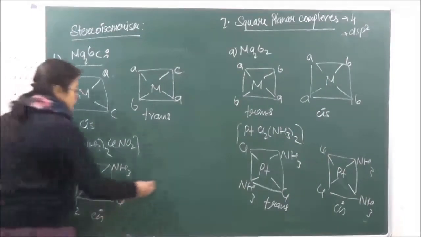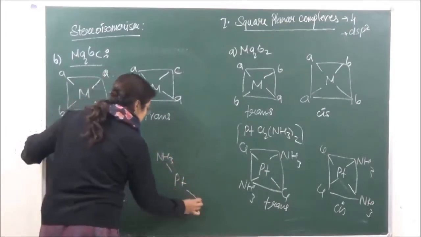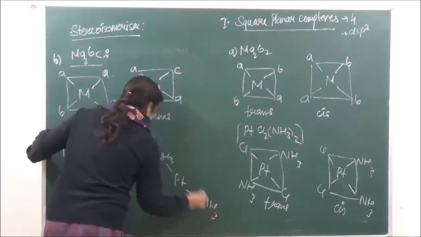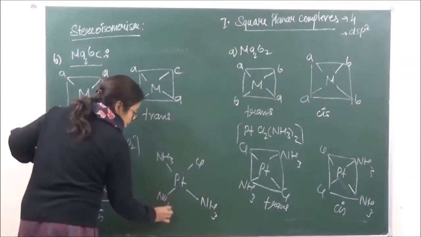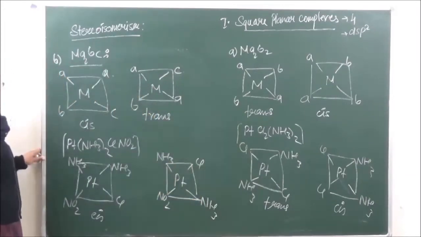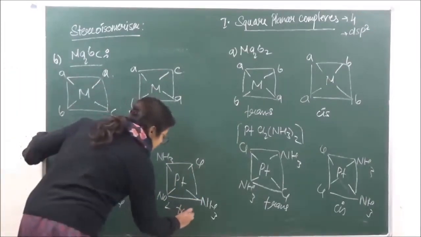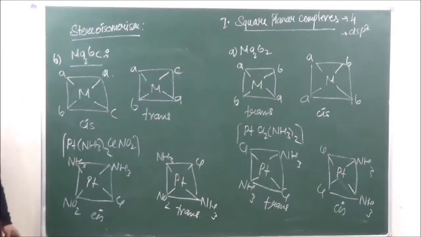And if they are at opposite positions, then this is known as trans. Okay? So cis is adjacent and trans is opposite.